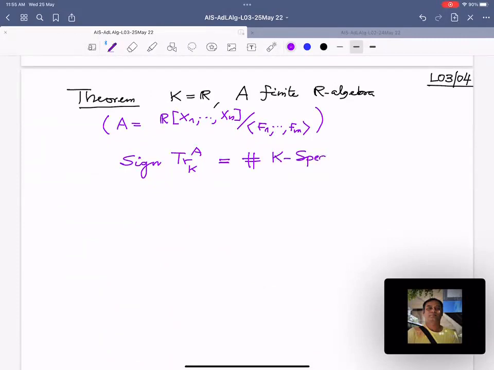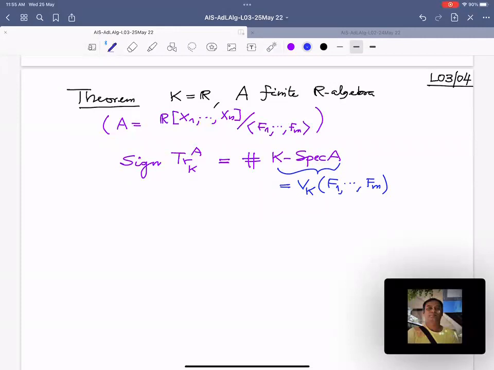And this will precisely be the spectrum of R[x1, ..., xn]/(f1, ..., fn). So that will give us the way of calculating the number of points, the number of common zeros of the polynomials f1 to fn.